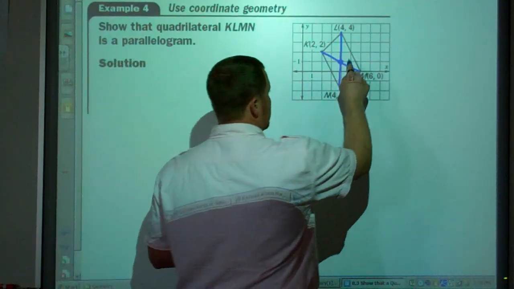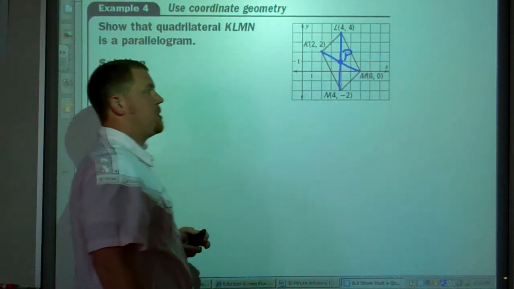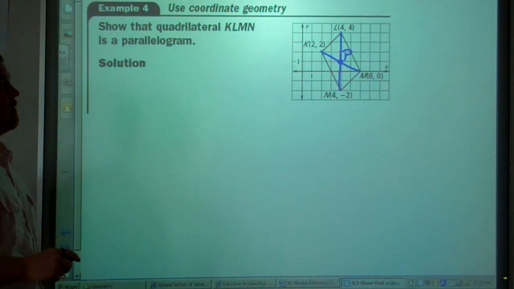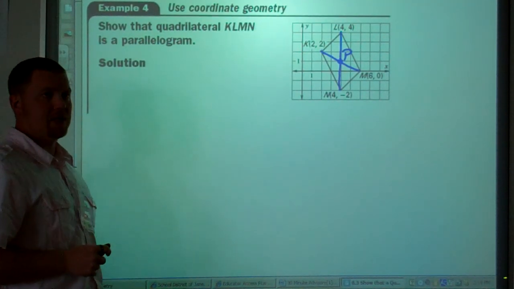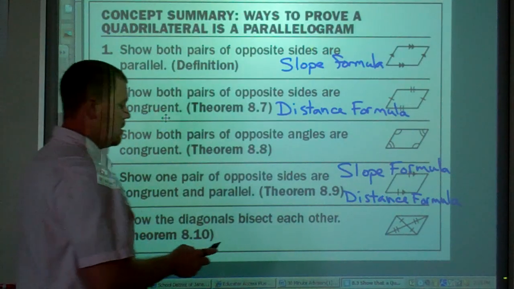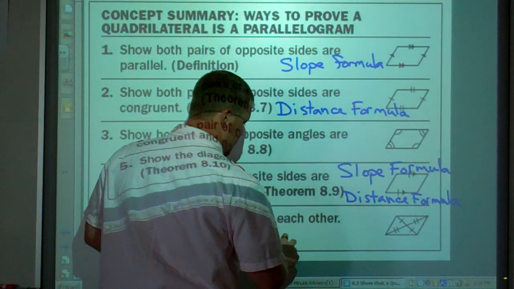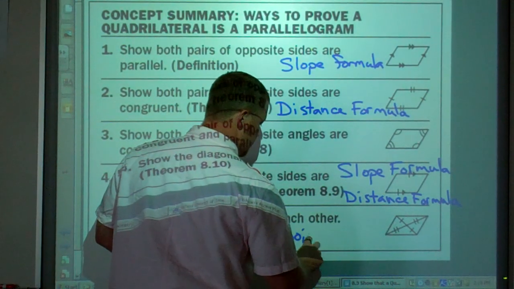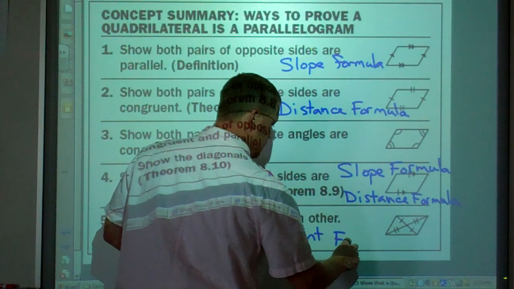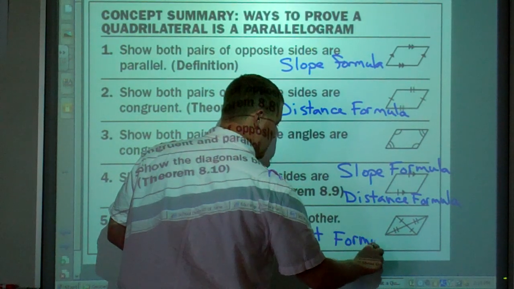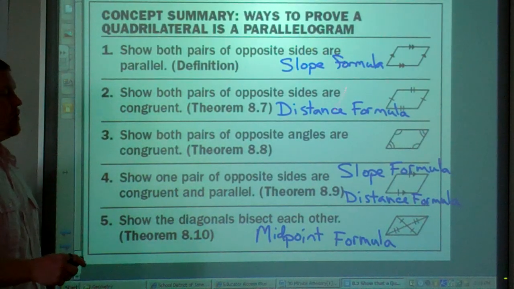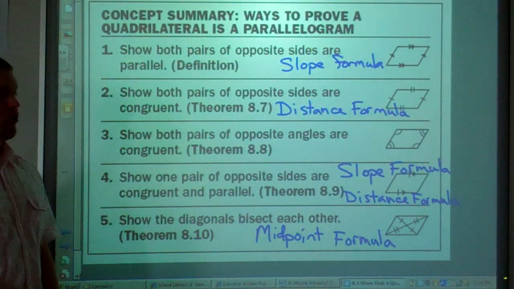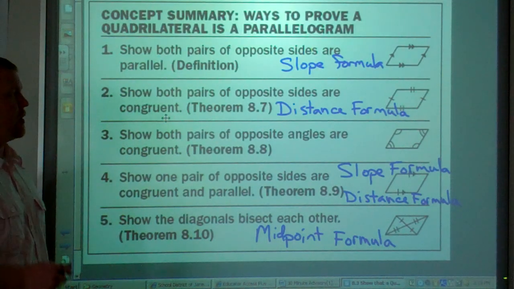Okay, we can call it P. What do we know about point P? If the diagonals are going to bisect each other, point P has to be the midpoint. So we'd be using the midpoint formula. All these tools that we'd use, we have used before. There's nothing new here.